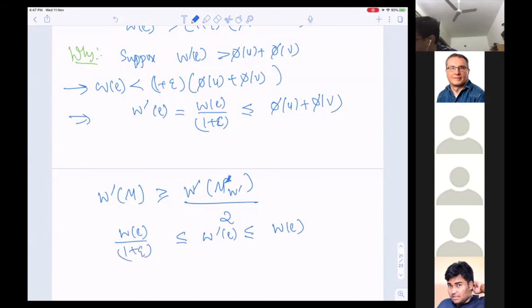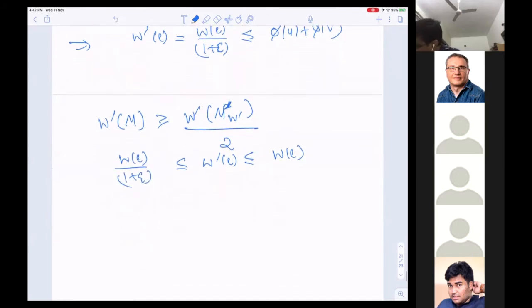Now the weight of M, this is what we are interested in, is at least, is this fine? Weight of M is at least weight prime of M, because look at any edge. With respect to W prime, the edge weight can only decrease, it cannot increase. So this is perfectly fine.